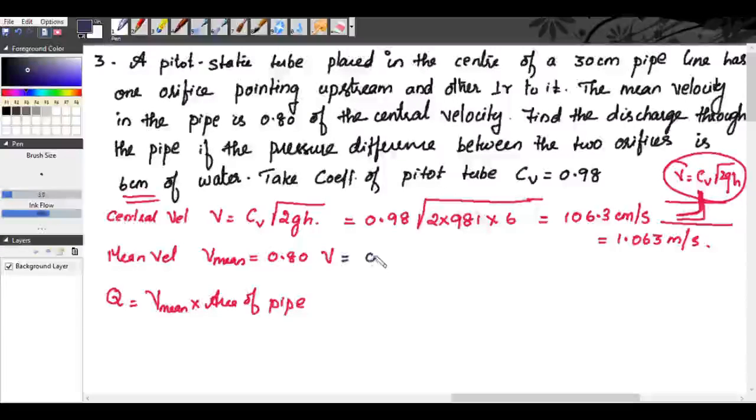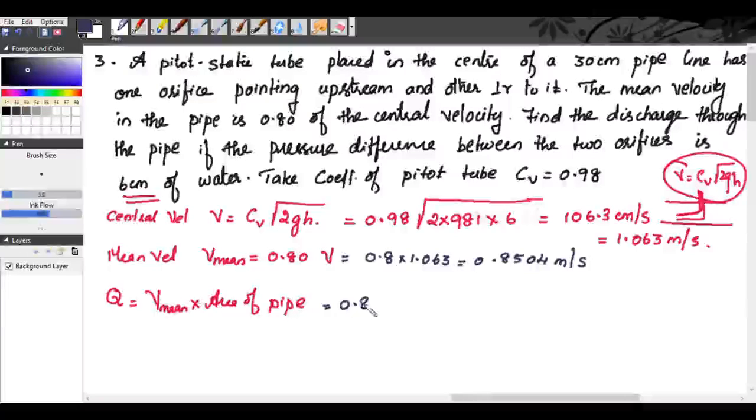Mean velocity is given as 0.80 times the central velocity. So 0.8 multiplied by 1.063, we get 0.8504 meter per second. So our discharge is equal to mean velocity into area of pipe.